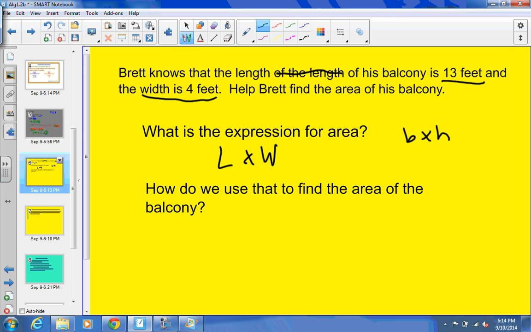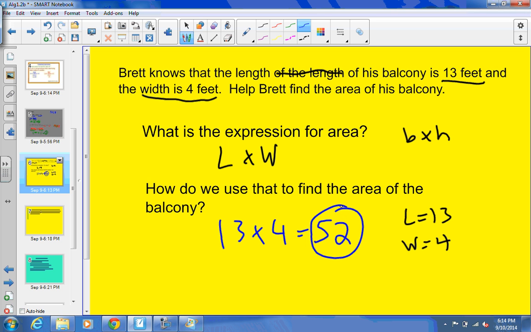So how do we find the area of that balcony? Well, we're going to plug it in. If we know that L equals 13 and W equals 4, instead of L, we'll do 13 times, instead of W, we'll do 4, and your answer is 52.